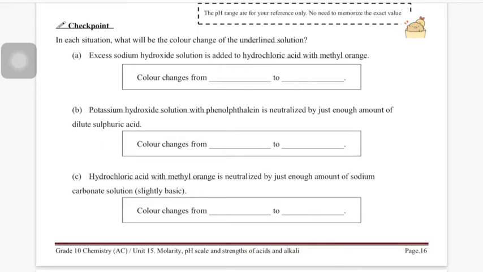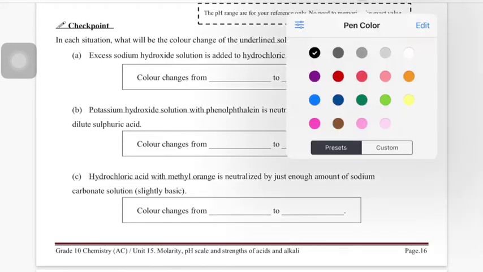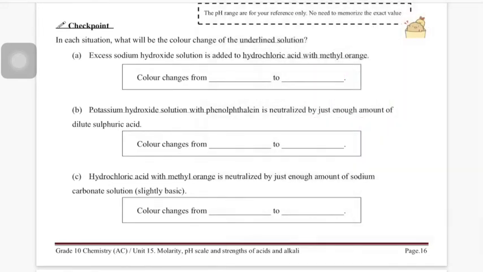Okay, the first one, excess sodium hydroxide has been added to hydrochloric acid with methyl orange. At the beginning, we have hydrochloric acid with methyl orange, so it should show a red color, because it's in acidic solution.